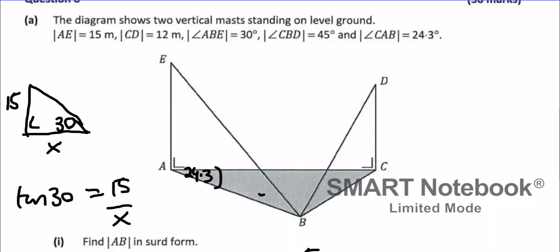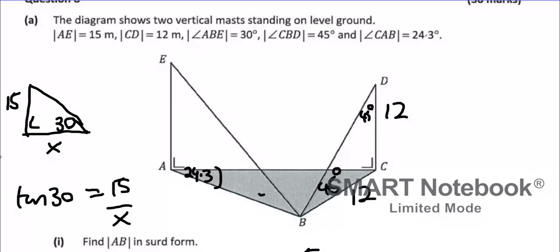It gives me CBD. And what's CBD? 45 degrees. Which means this one's an isosceles triangle. So C to D is 12, but so will B to C be 12 as well.